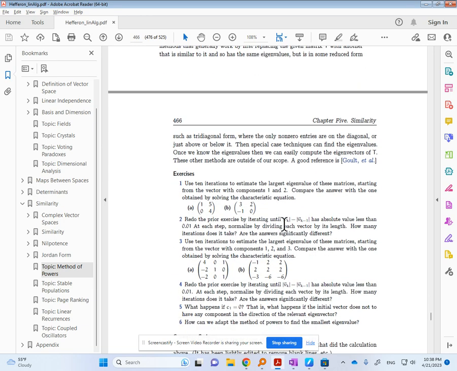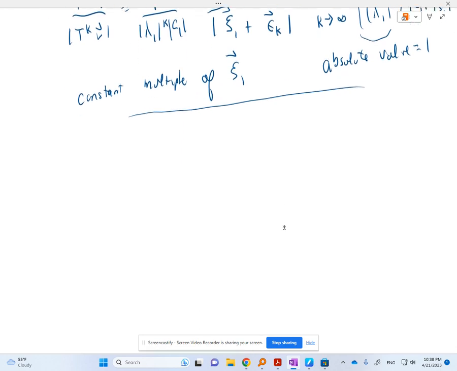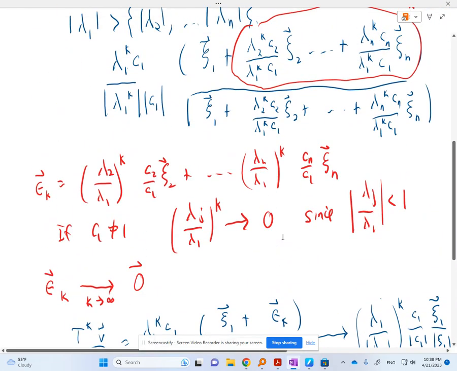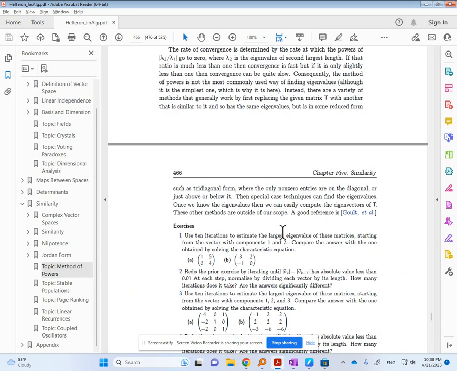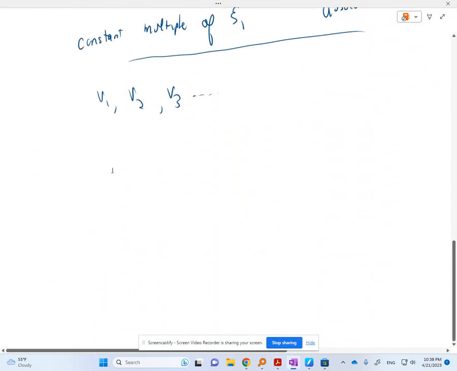Now, what you want to do and what you hope is going to happen is that as this process goes, you're going to get V1, V2, V3, and so on. Let me copy his process here. Okay, let's go back there and copy the process. It's right here, so let's grab that.